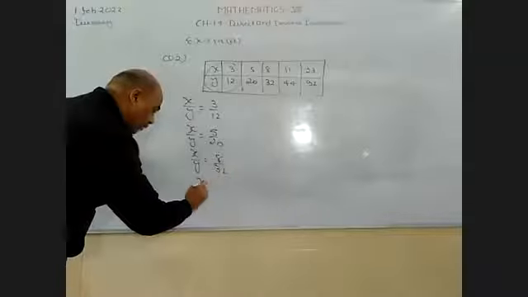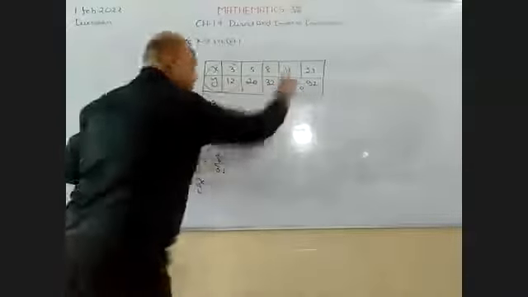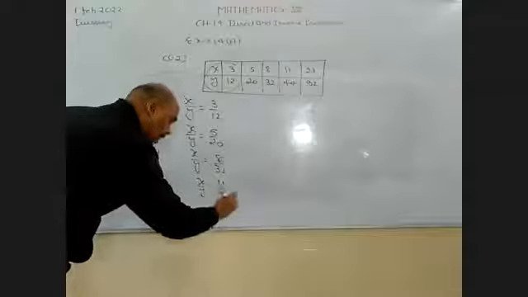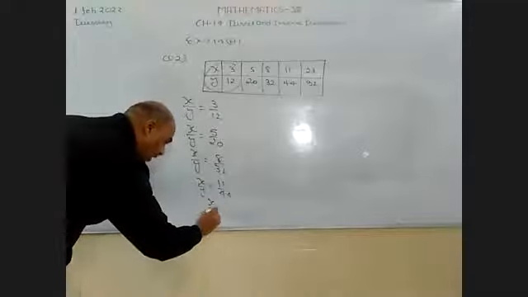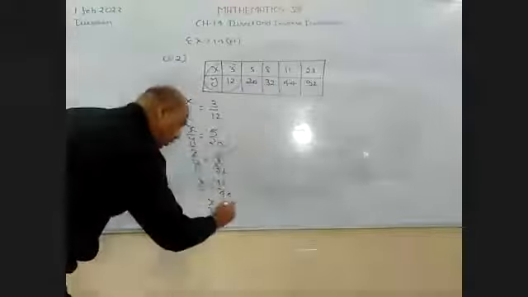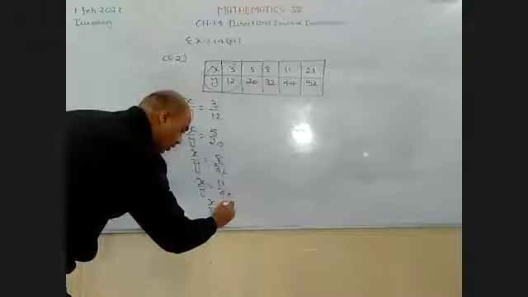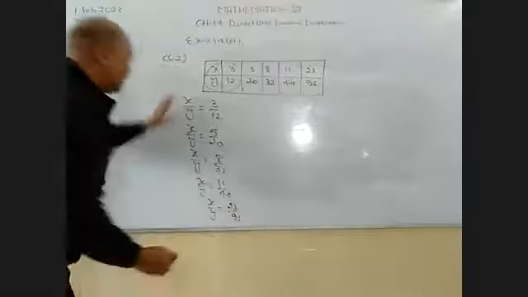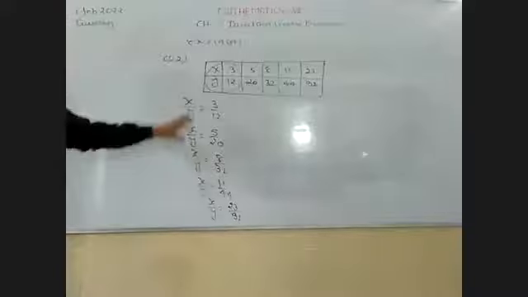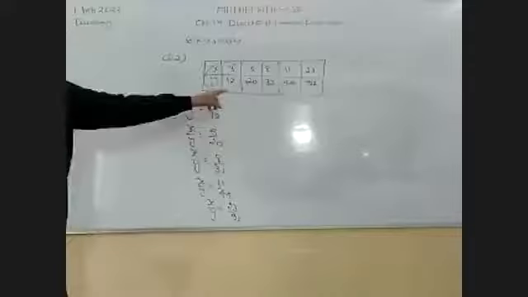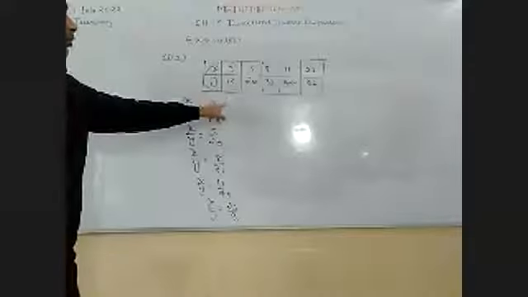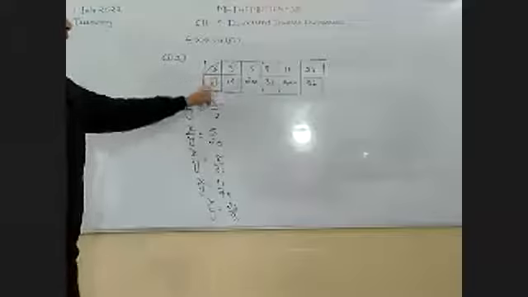Now X upon Y equal to 11 by 44. And the last one is X upon Y equal to 23 upon 92. So write the complete question in this way. Okay. Now I want to simplify that. If the simplification of all the results remains the same, then X and Y are going to be in direct relation.